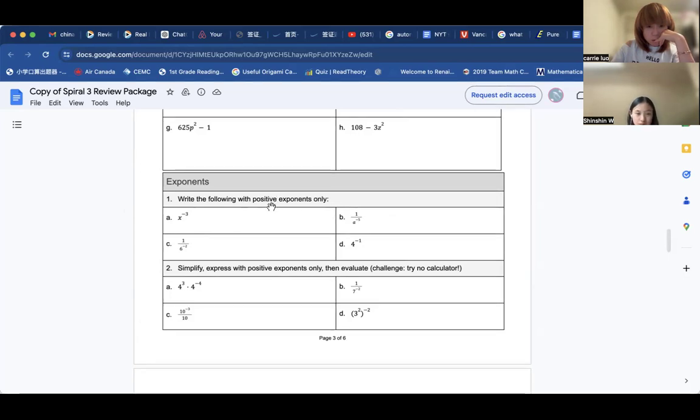Exponent notation. This one's easier. Okay, let's just share the screen with you.